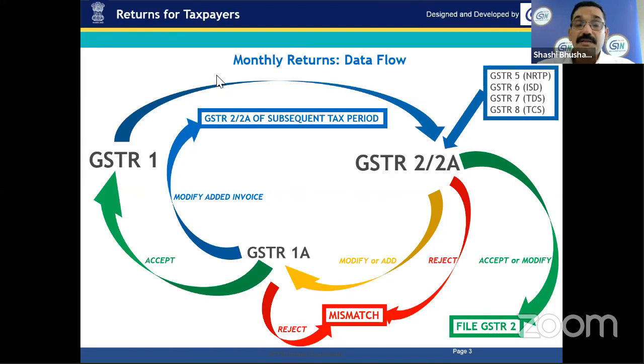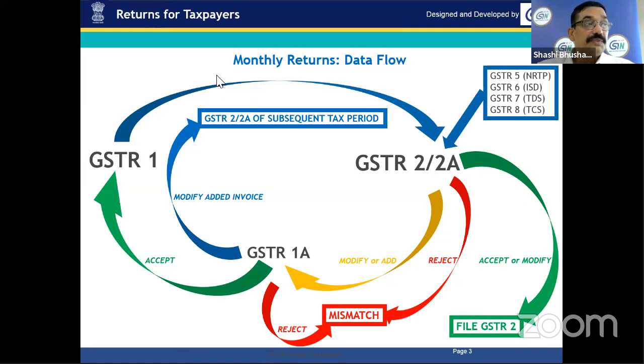Based on this statement, you will declare your self-assessed liabilities for both supplies to registered taxpayers and supplies to consumers. Supplies to registered taxpayers have to be furnished in a more detailed manner.